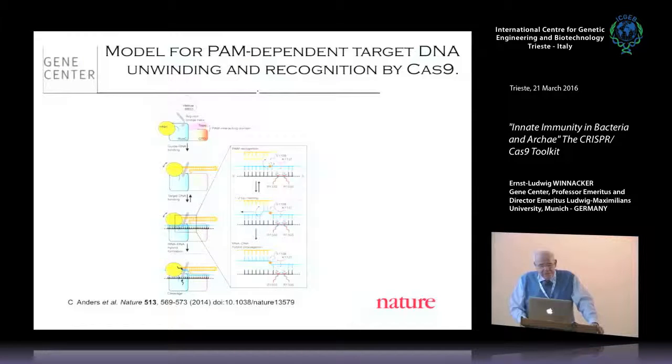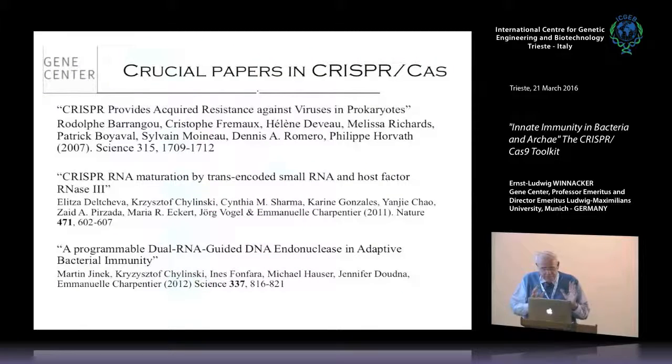So that is what I wanted to tell you about the biology. These are the three important papers, I think, which describe everything, which are the clues. The first paper describes why bacteria become resistant to certain bacteriophage, because of this acquisition of these short sequences, the so-called protospacers, from the phage genome onto the bacterial genome.